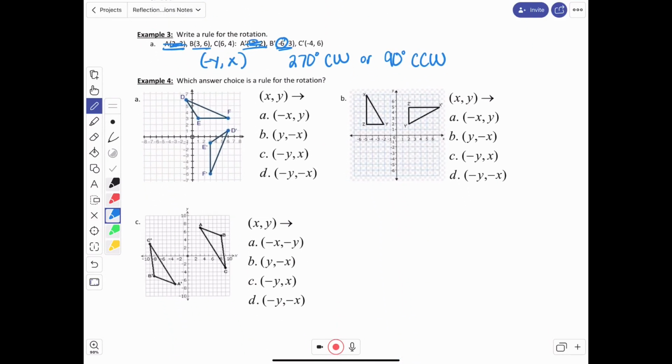Okay. Example 4 is multiple choice. So if we look at the rotations that are happening, remember this one here is the final image. So I'm going from here to here, okay? If I look at point F, the coordinates of point F are 6, 3.